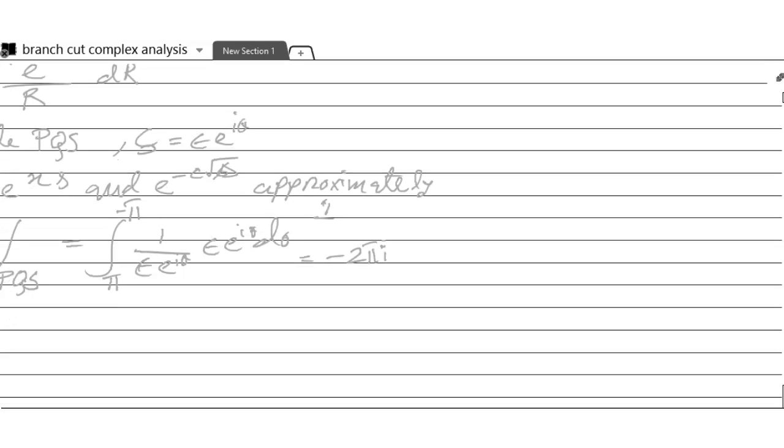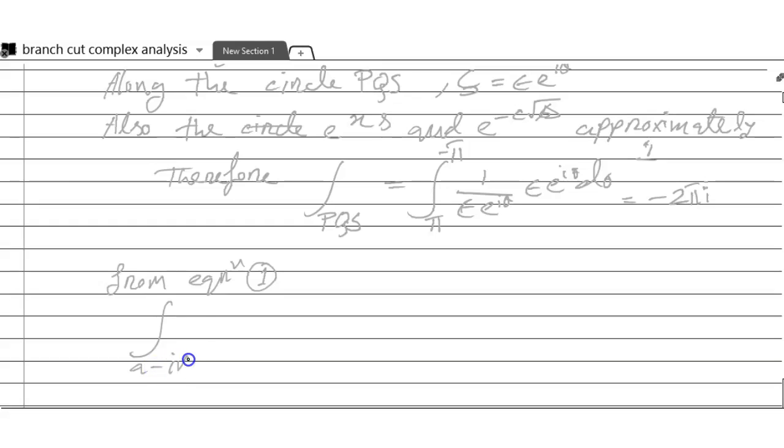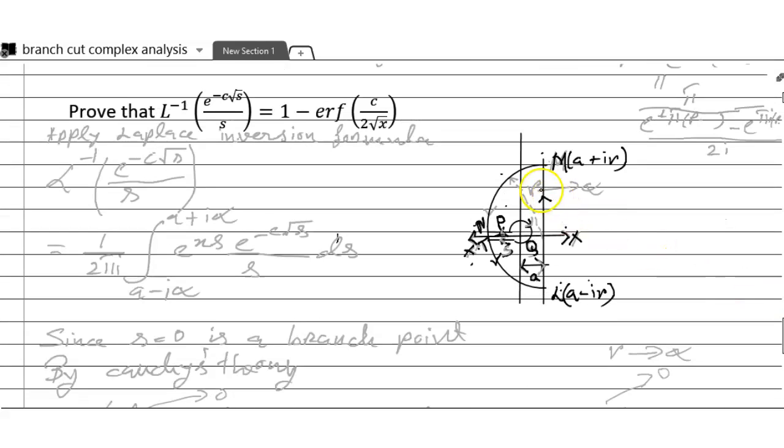So from equation number 1, we get the integration from a minus ir to a plus ir of e to the power xs minus c root over s, divided by s, ds. You will see this line, a plus ir to a minus ir, is LM.